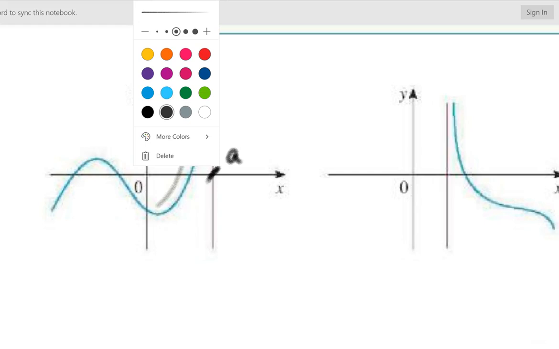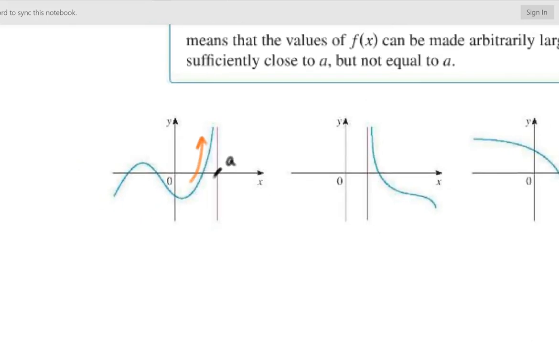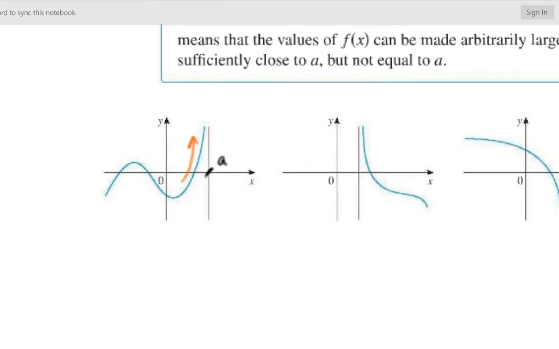So what we say is that the limit of f of x as x is going to a is infinity.